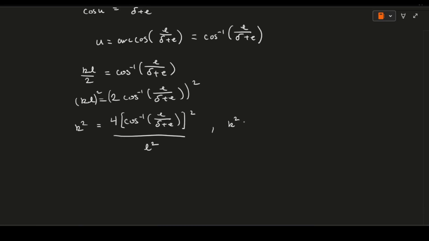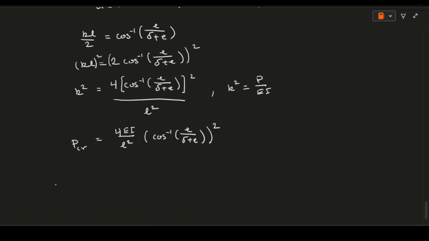We know that k squared is equal to P over EI. Then we can solve for PCR. PCR is equal to 4 EI over L squared times cosine inverse of e over delta plus e, squared.